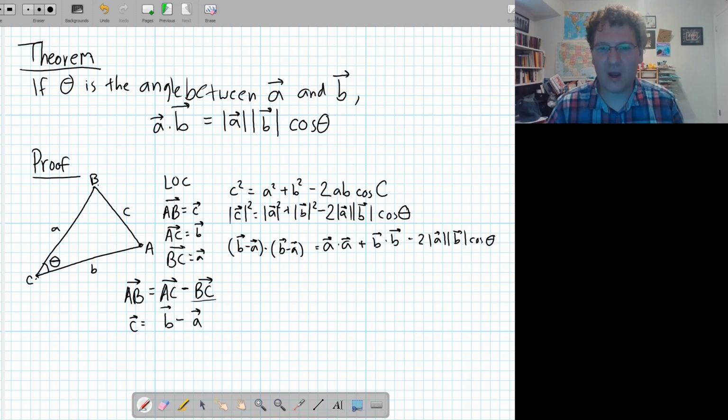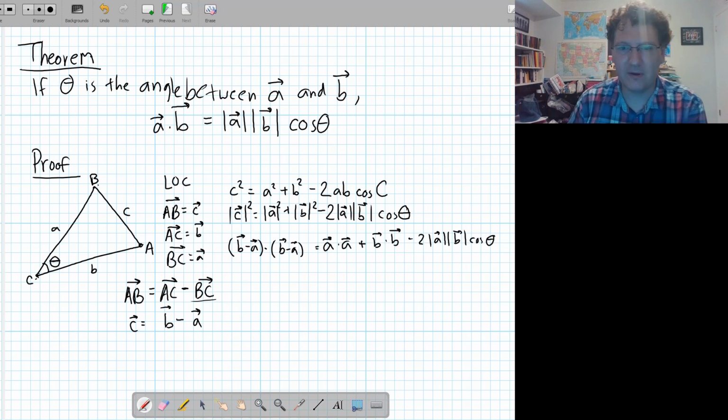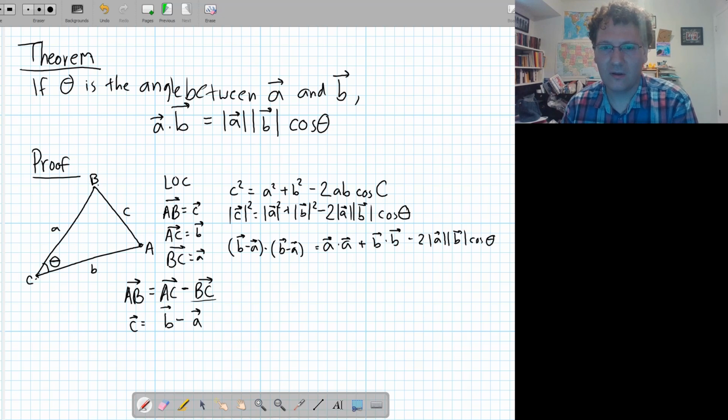So I've used the second property from the previous slide, that the magnitude of a vector squared is just the vector dotted with itself. And the vector C is B minus A, vector B minus vector A.